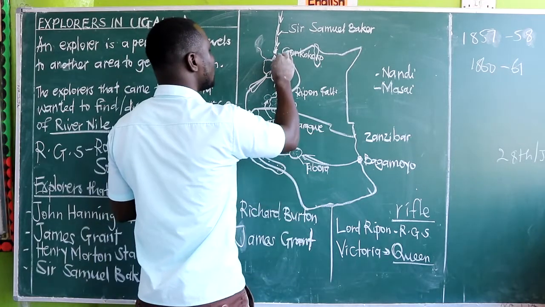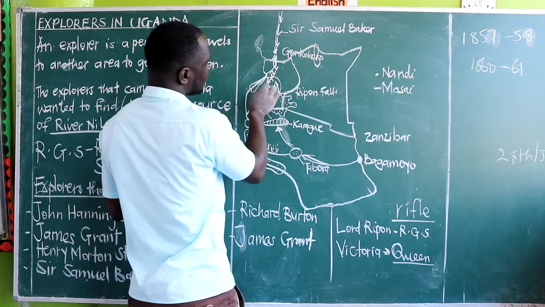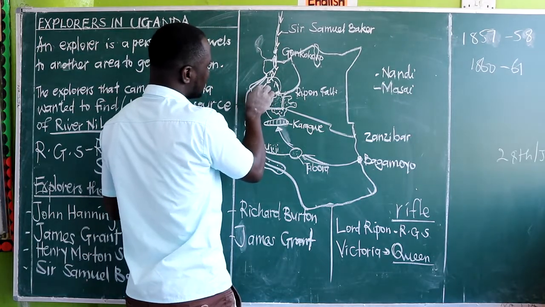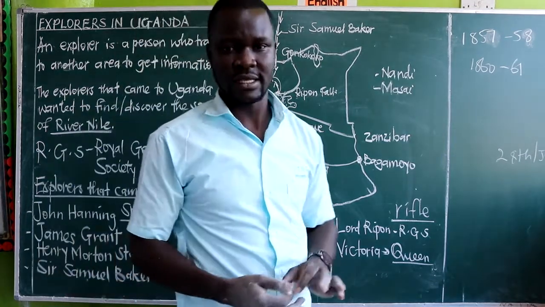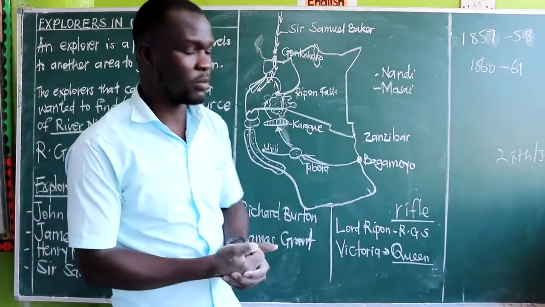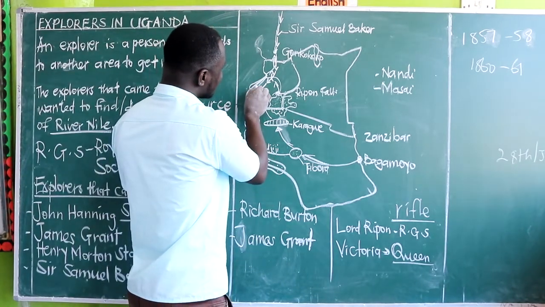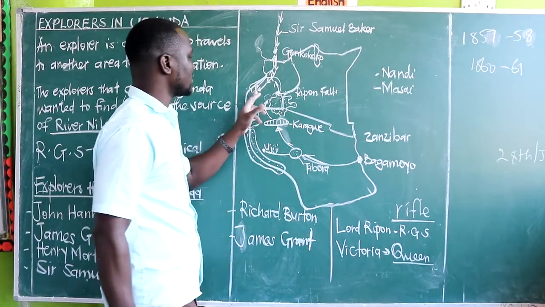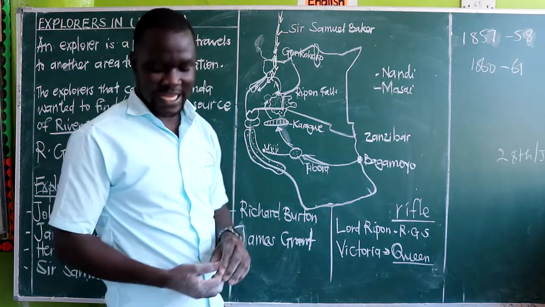So we have Sir Samuel Baker coming, and he went to western, and he came to Bunyoro. That is where he met the Omukama Kamurasi, that was by that time the father to Omukama Kabalega. And from that he went and named this lake that was called Lake Mutanzige, that we now know as Lake Albert.